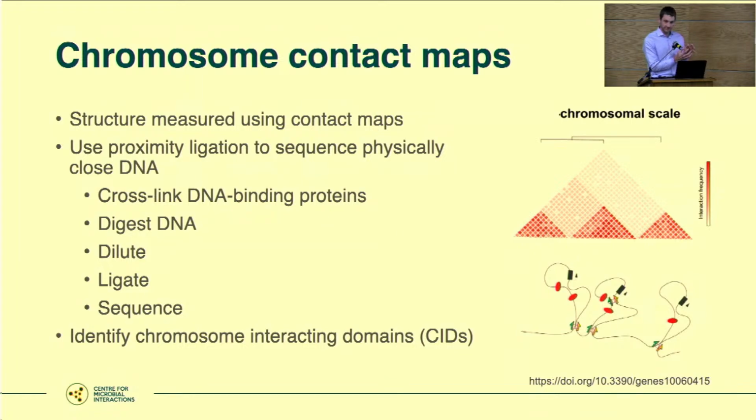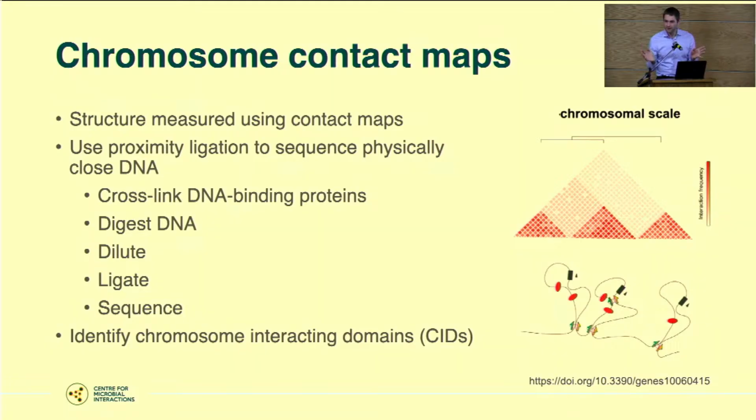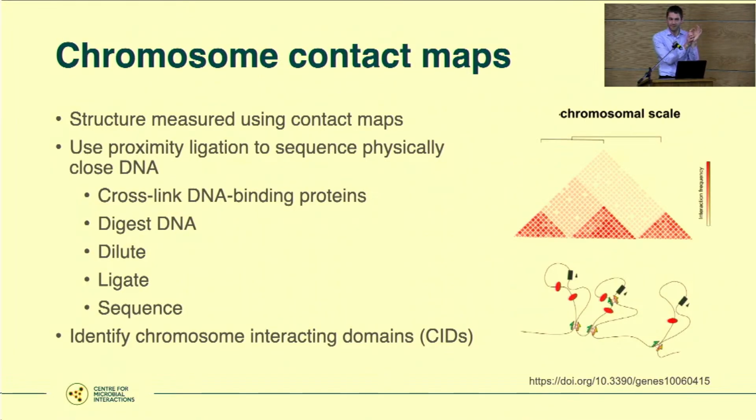Once you've cross-linked your DNA, you digest it with standard digestion enzymes. Then you dilute it down so that, in theory, when you add in a ligase, only the bits of DNA that a protein is holding together are close enough to each other to bind back together. So what you get is a bit of sequence that's a hybrid of two bits of DNA that were near each other in physical space.